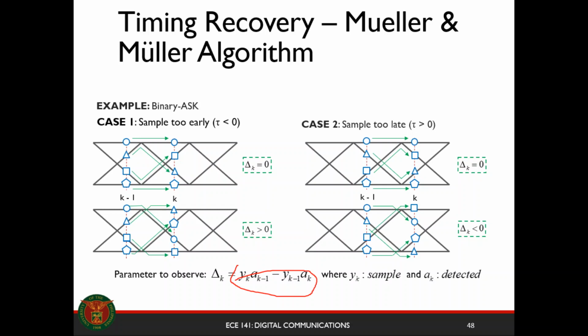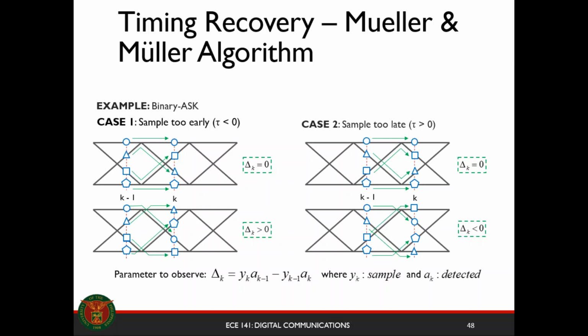So the timing error is basically the current sample, yk, multiplied by the detected symbol in the previous one, minus the previous sample multiplied by the current detected symbol. Okay?